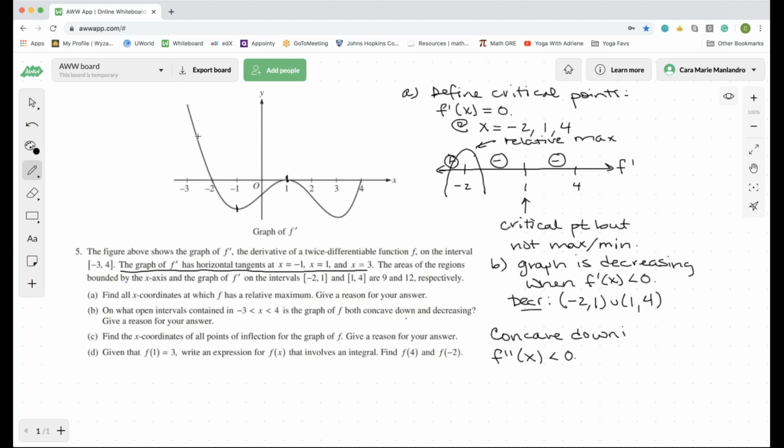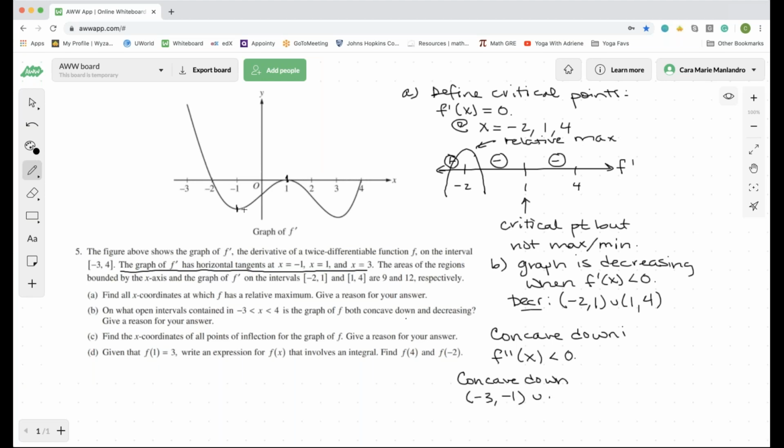The slope here is going down, up until we get to -1, so I know that this has a negative second derivative. So I'm concave down from -3 to -1.